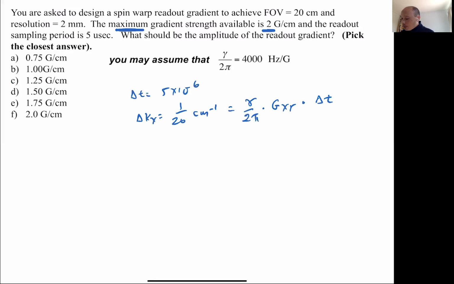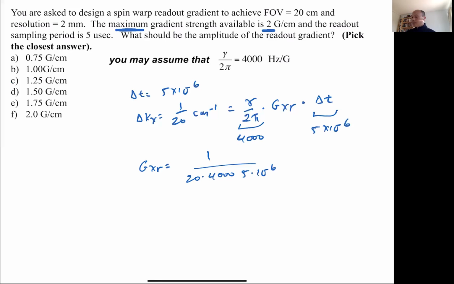Okay. So what we have is gamma over 2 pi equal to 4,000, and delta t equal to 5 times 10 to the minus 6. So GXR is equal to 1 over 20 times 4,000 times 5 times 10 to the minus 6.